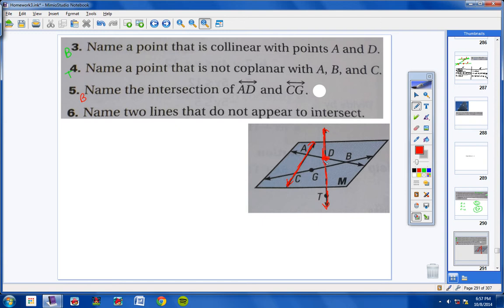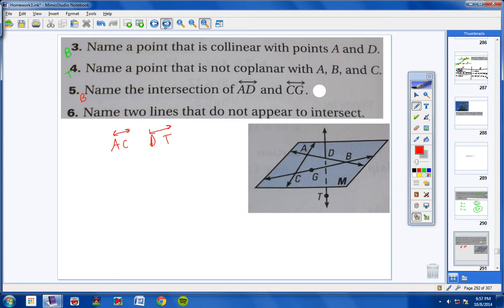Those 2 lines are never going to intersect. I mean, this line's going to continue to go on and on, going backwards. And this line here, hopefully you can picture it as going straight up in the air. They're not intersecting. So, lines AC and DT. I said DG, that's wrong, DT. Those 2 lines do not intersect.